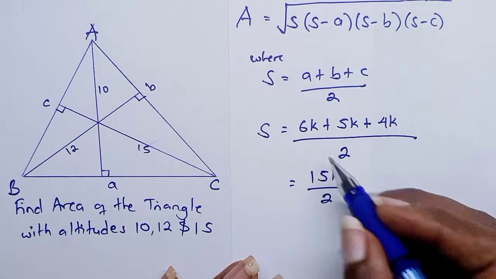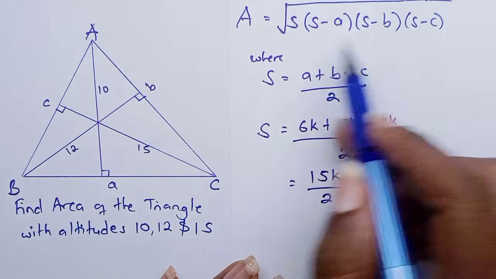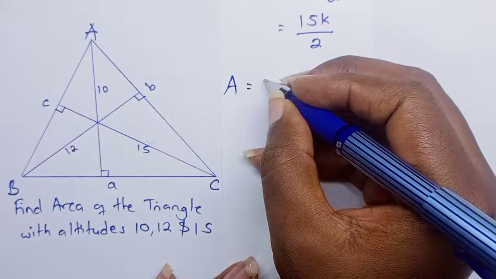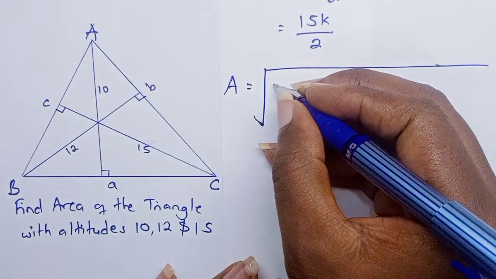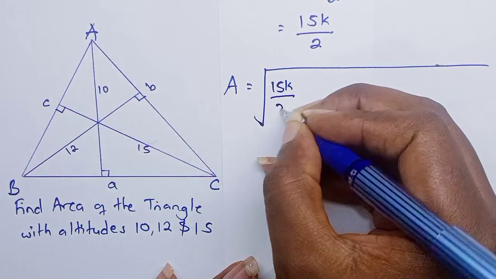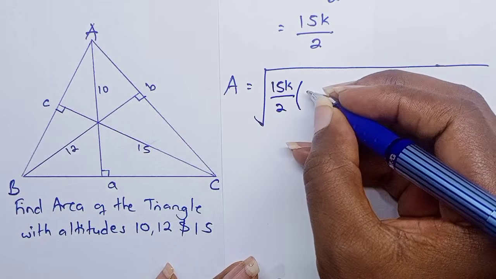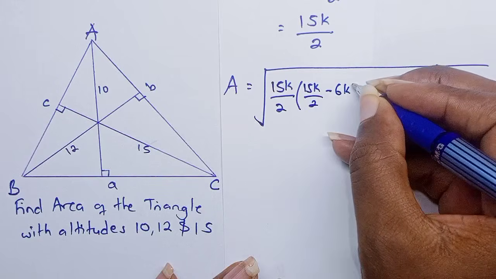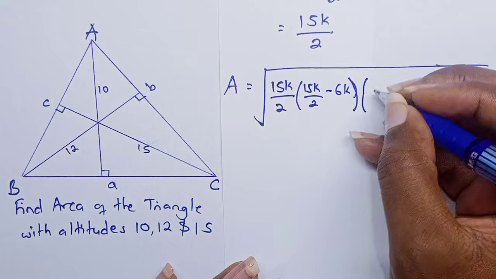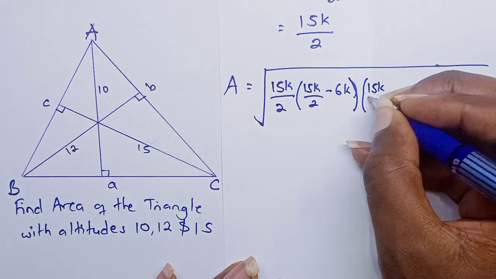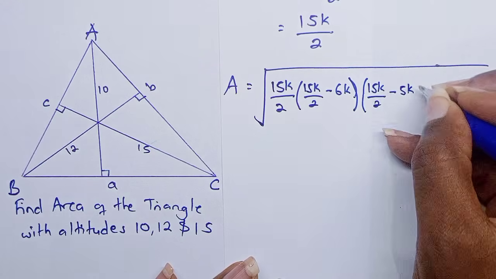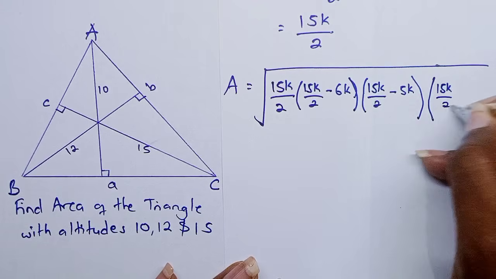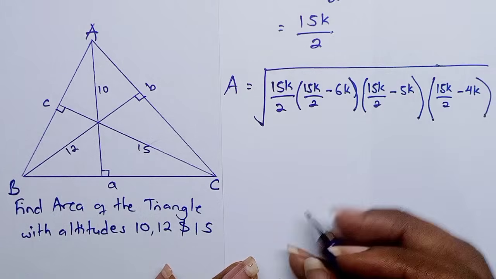Replacing this value of s into the area formula, we shall have the area equal to the root of 15K over 2 times (s minus a, which is 15K over 2 minus 6K), then times (s minus b, which is 15K over 2 minus 5K), then times (s minus c, which is 15K over 2 minus 4K).